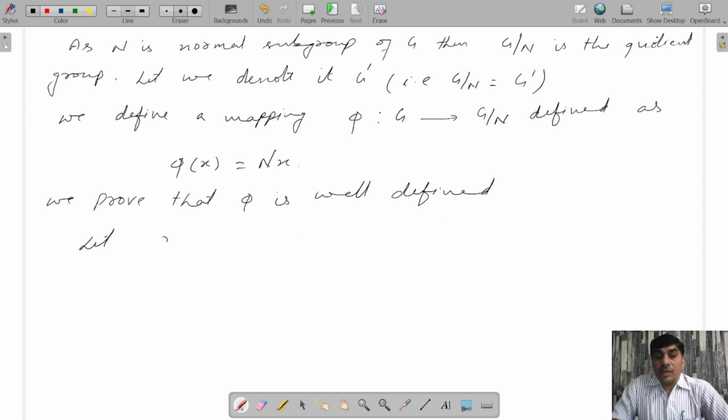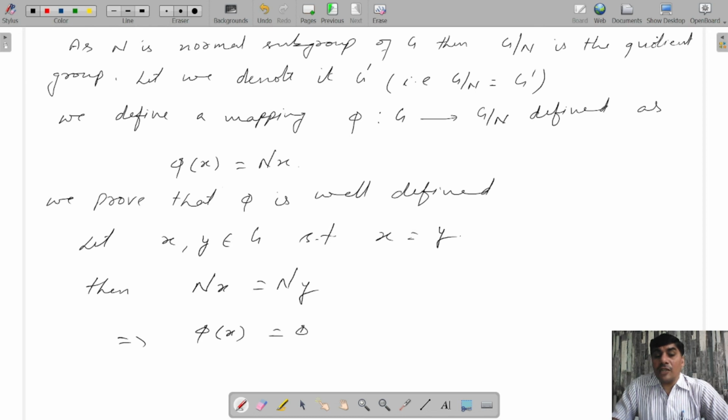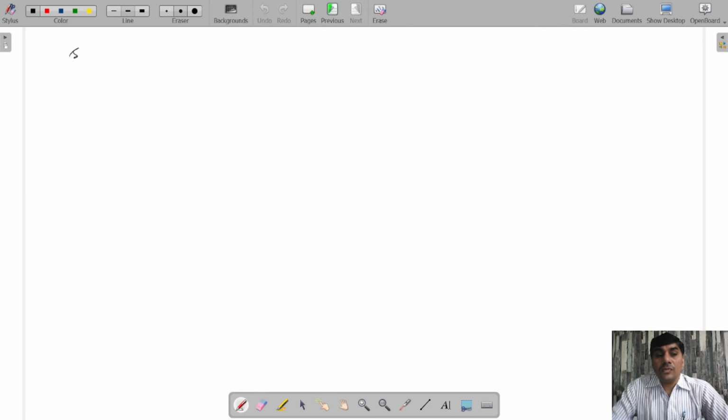Let x, y belongs to G such that x is equal to y, then Nx is equal to Ny. This implies phi of x is equal to phi of y. So phi is well defined.